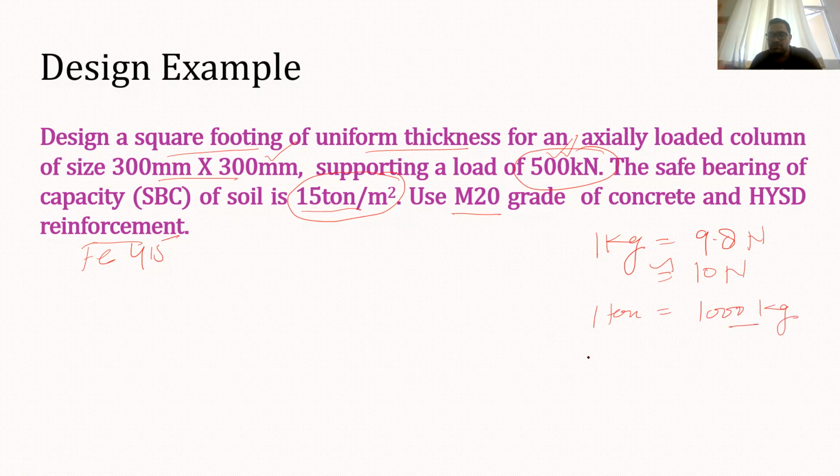Therefore, 1 ton will be around 10 kilonewton. So 15 ton here will be 150 kilonewton per meter square. The SBC becomes 150 kilonewton per meter square.